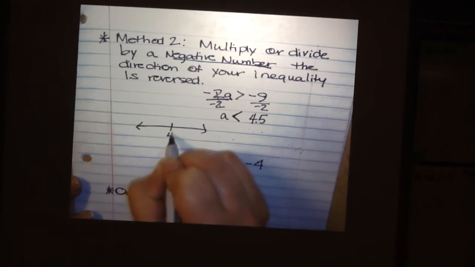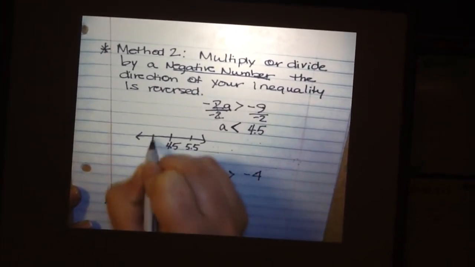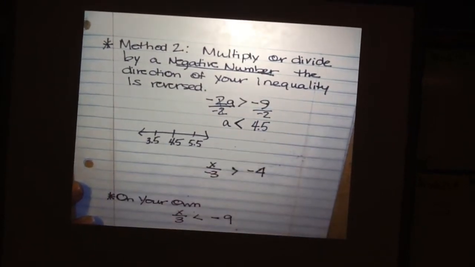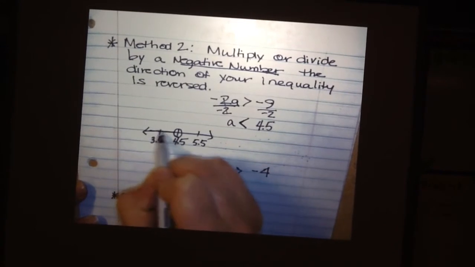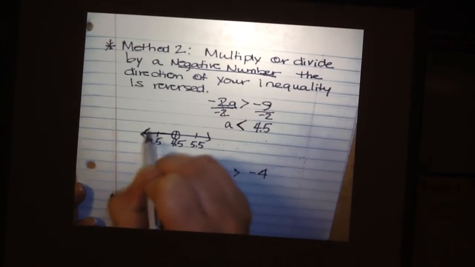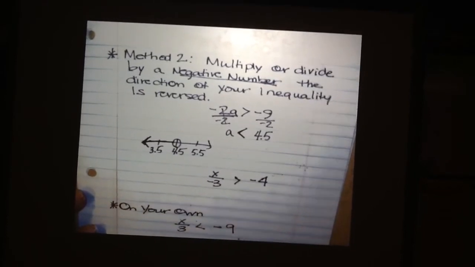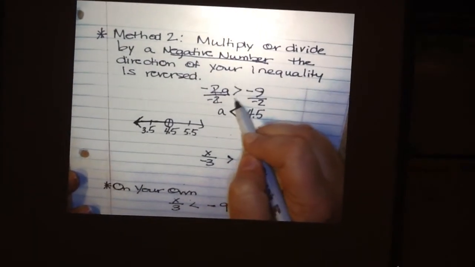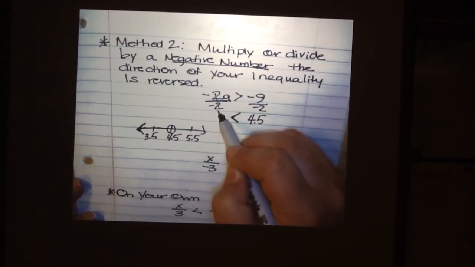We have 4.5, and you can have your graph a few different ways. You have an open circle, and it is going to the left. The crazy thing about that problem was that our sign switched from a greater than to a less than, only because we divided by a negative.